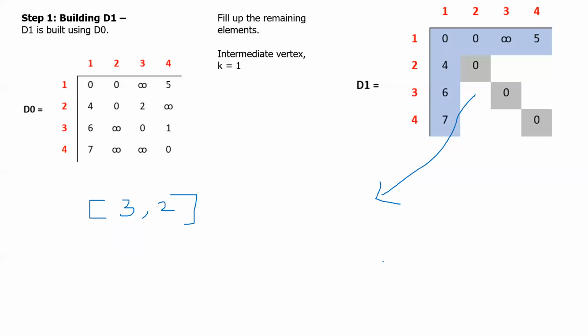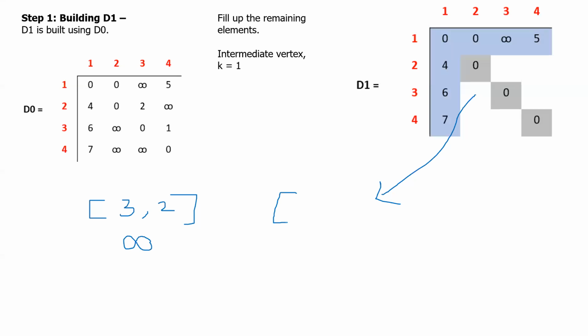Now check D0. What is the current distance between the third node and the second node? The current distance between the third node and the second node is infinity. Okay, keep this value. Now, what is the intermediate node here in D1?